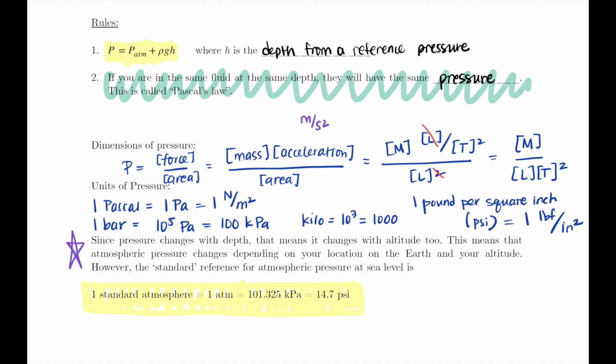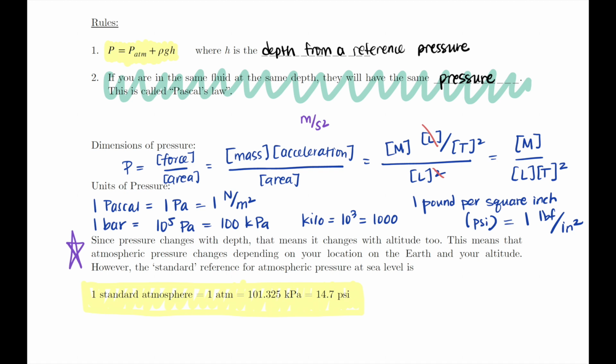It's important to note here that since pressure changes with depth, and usually when we think about that, we're thinking about the ocean and things like that, or liquids, it also changes with altitude too. So we can think about pressure in terms of the atmosphere. This means that our atmospheric pressure would change depending on your location on the Earth and altitude.